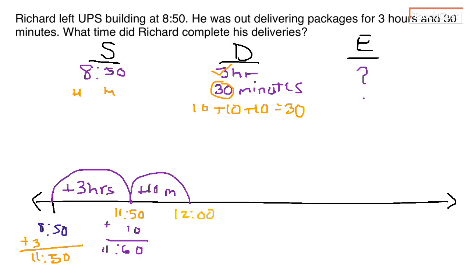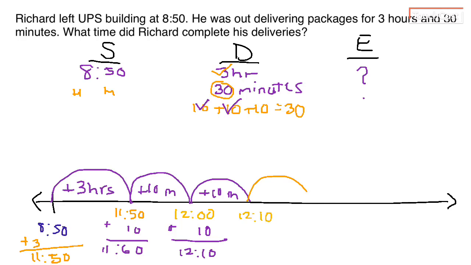Then I come back over here and check off that we used one of our 10 minutes. And I'm going to continue adding the 10 minutes until I used up all 30. So we have plus 10M. We're going to add that to the minute side. Now we have 12:10. So I'm going to put that underneath. Okay, I'm going to come back over here and check off my other 10.